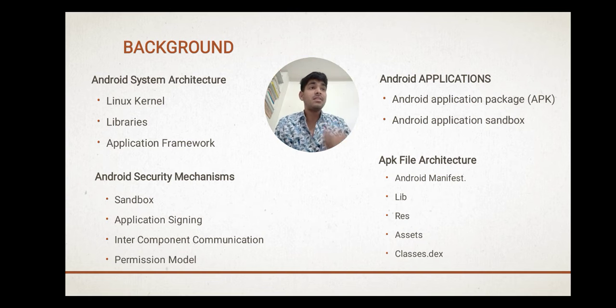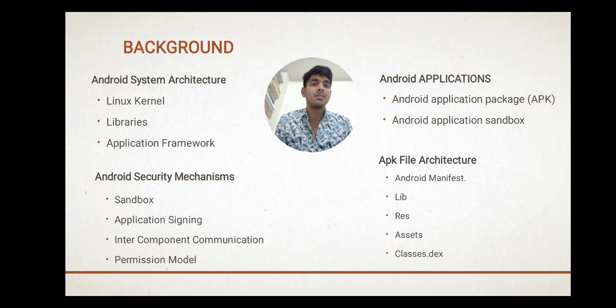Then second is libraries: on top of the Linux kernel sits a set of libraries. The libraries consist of C and C++ code that compiles to the native binary format. Third is the application framework.